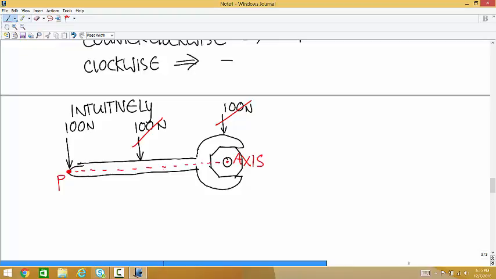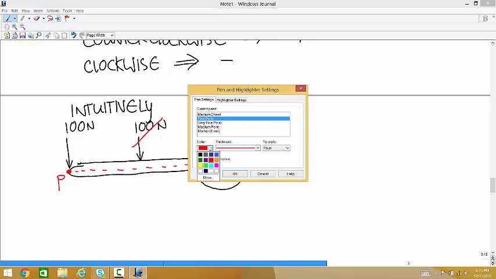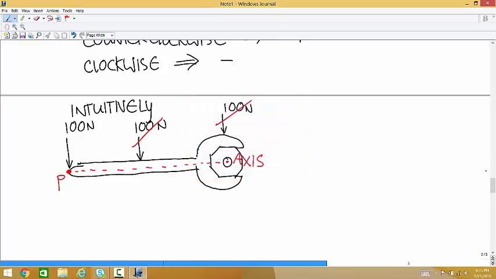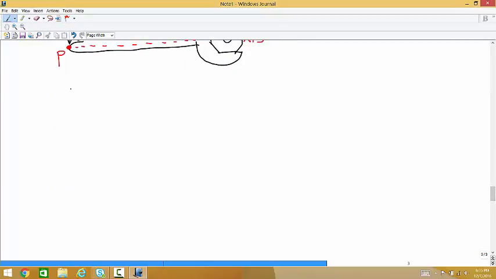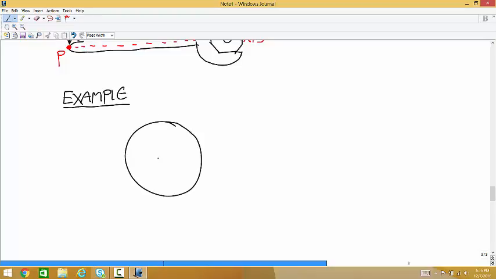Okay, so let's do an example. So let's say this is the object, and this is the axis.